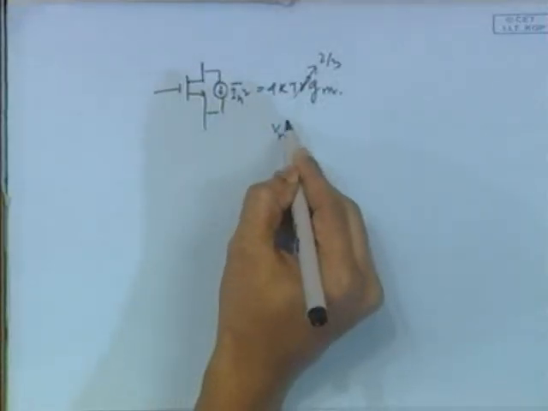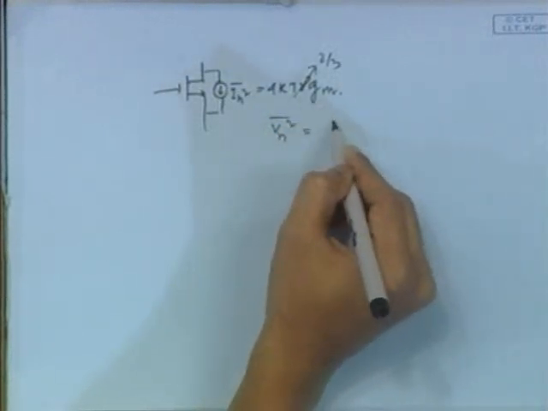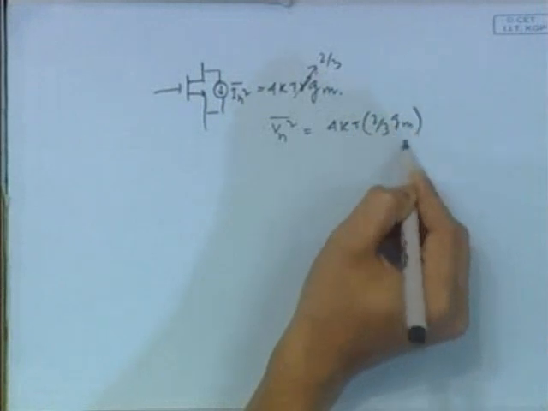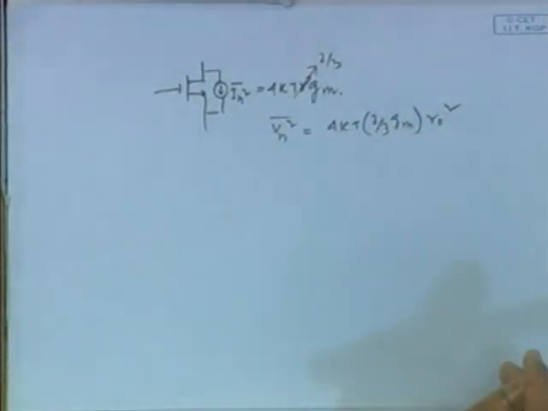Okay, all the transistors are working in the saturation region, and this is obviously a long channel device, so that is why we are choosing the value 2/3. So what is the value of Vn square? Vn square is basically nothing but 4kT 2/3 Gm whole into the resistance square. Clear? I square R square will give you the Vn square. So this is basically the thermal noise.